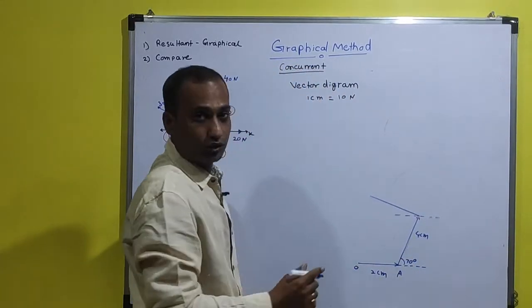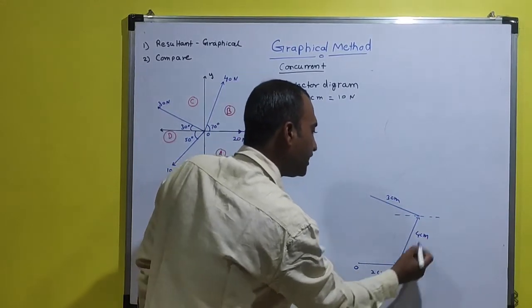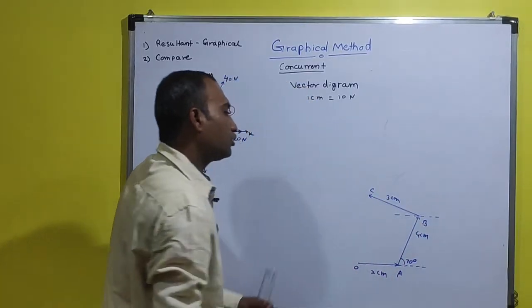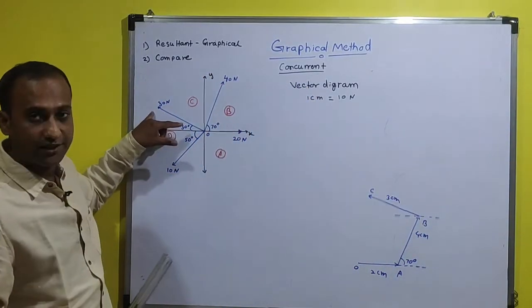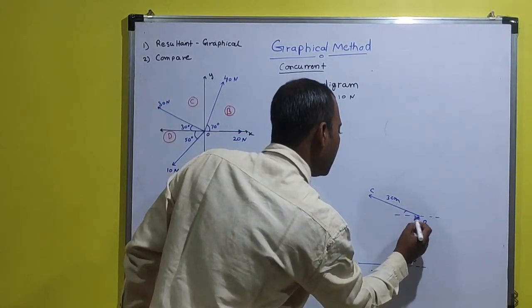So here it will be 3 centimeter. So this point is A, this point will be B, and the next point will be C. So this 3 centimeter will represent this 30 Newton force acting at 30 degree angle.